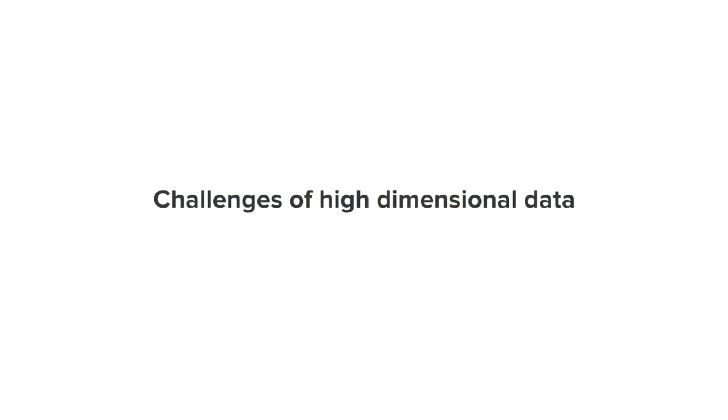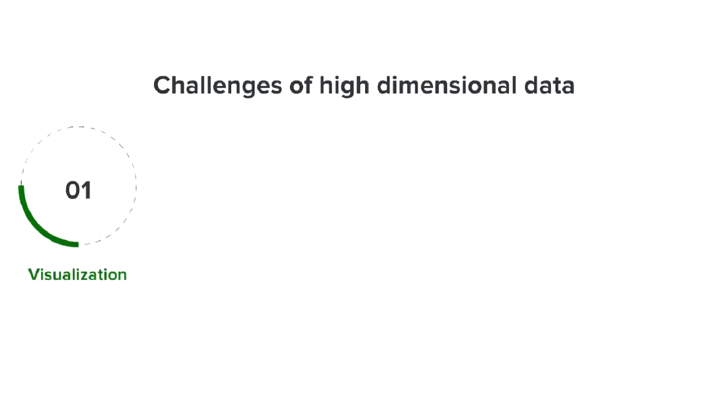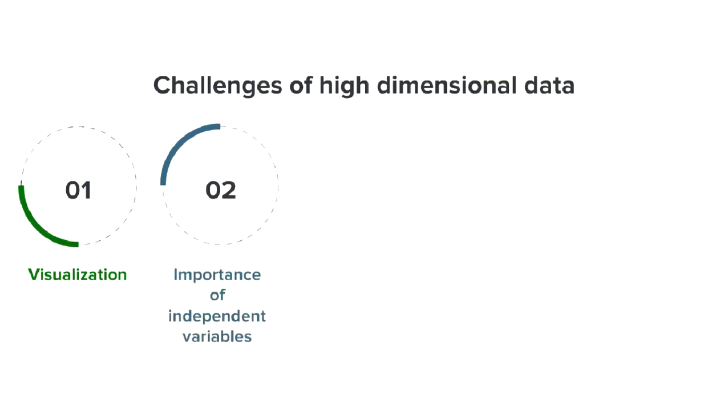Now, as we have already seen that having high dimensional data leads to many challenges, let's pin them one by one. As the dimensions increase, it becomes difficult to visualize the relationships. Also, all the variables might not be important to predict the target variable, and hence we are required to get rid of those irrelevant variables.